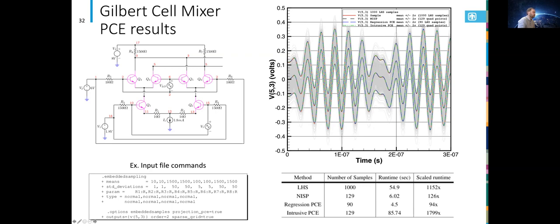I guess I'll also mention that if you want to use this stuff, and you already have a netlist, like for this Gilbert cell, the stuff that you have to add to it to enable these methods is not very much. You just add some commands like what you see here in the lower left-hand corner. And you don't have to do it this way.